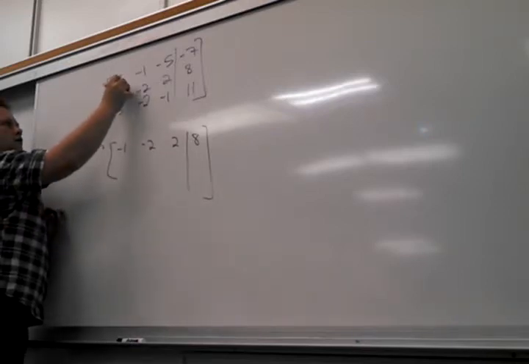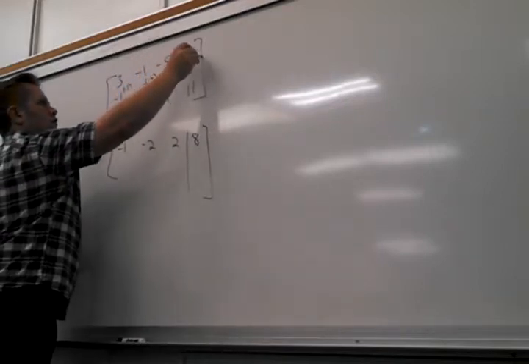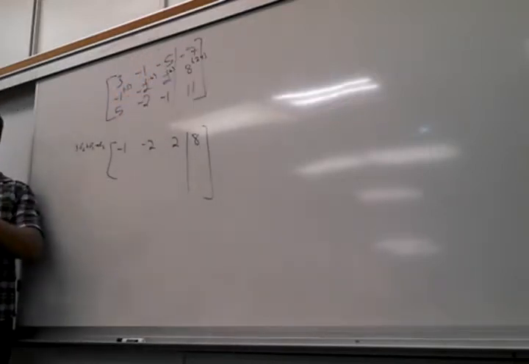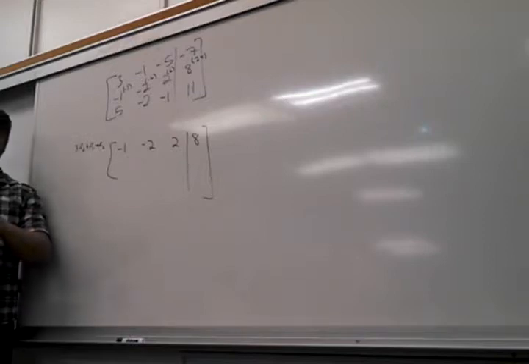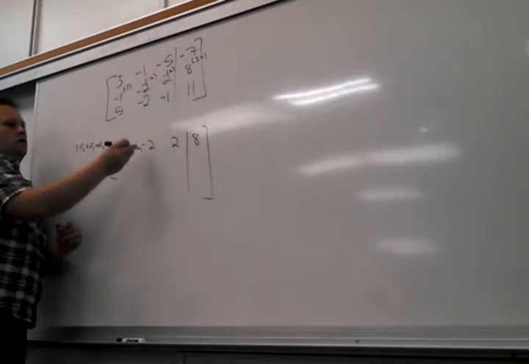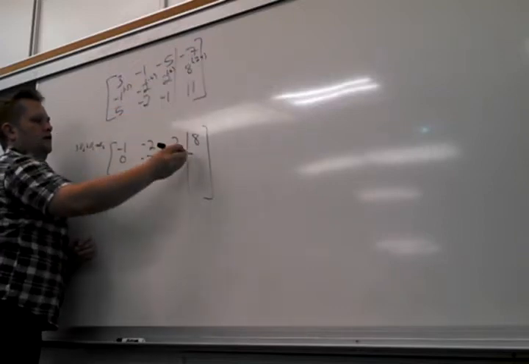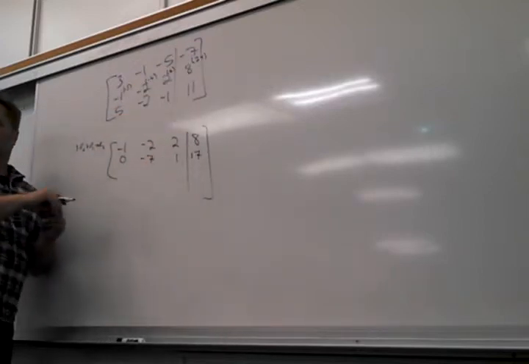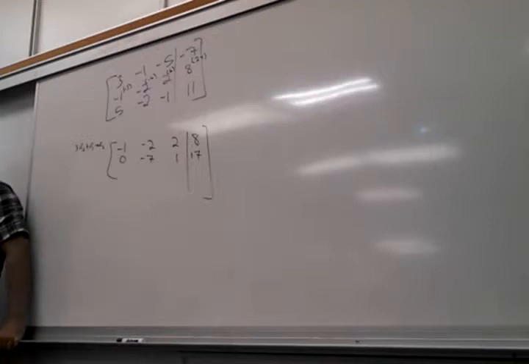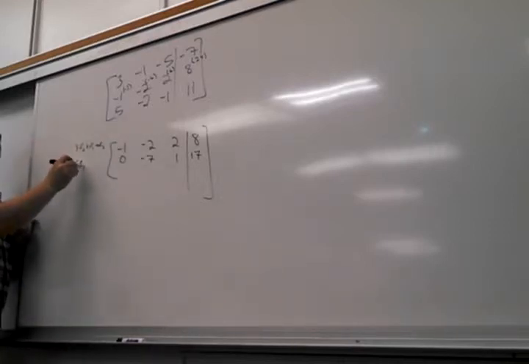So this would be -3, -6, 6, 24. So the -3 and 3 is 0. -6 minus 1, 6 minus 5, 24 minus 7. And then, like you said, I multiply row 2 by 5.